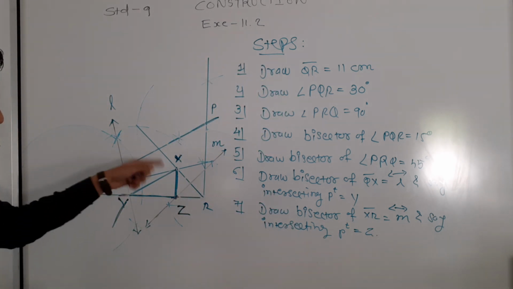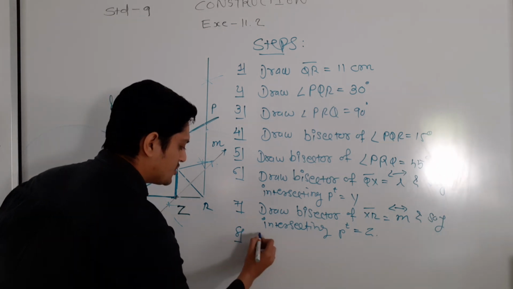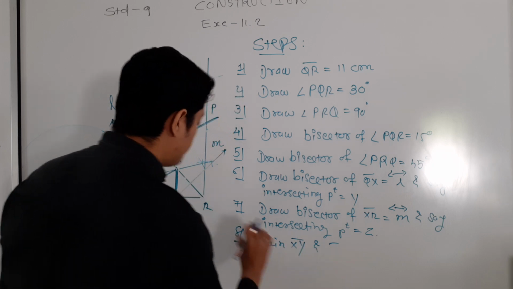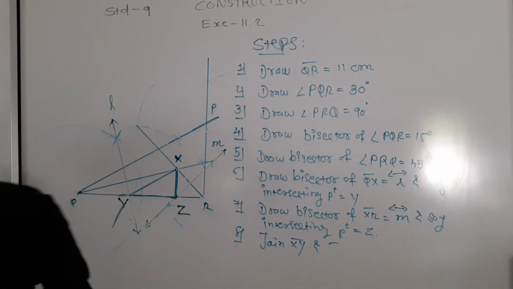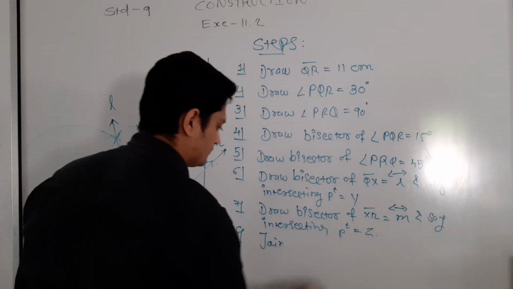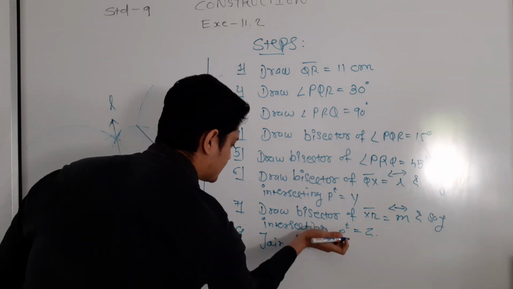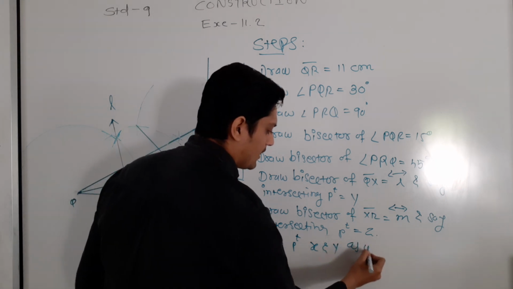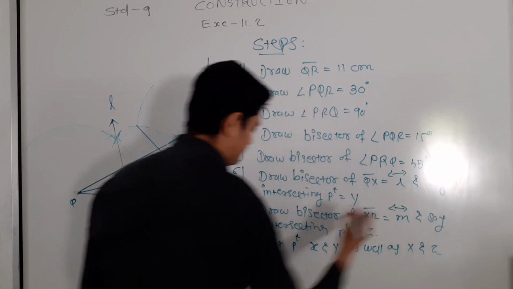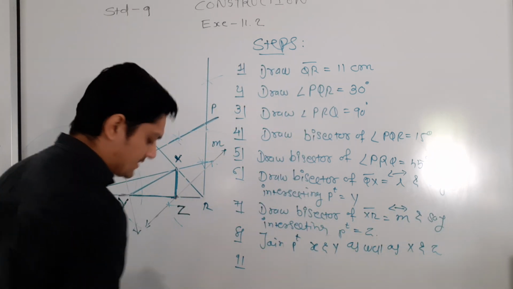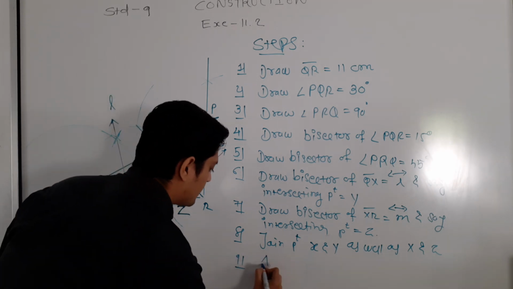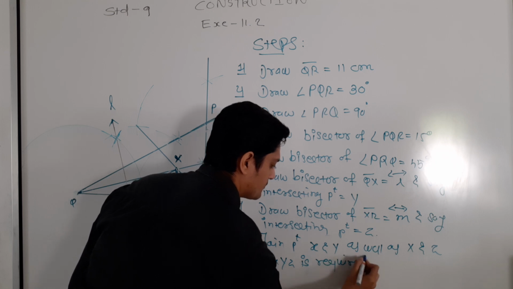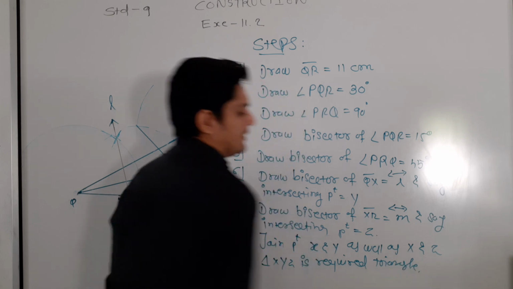Now join points XY and XZ, the last step. Okay, join point X and Y, as well as X and Z. And the last one, yes, you people can see, triangle XYZ is the required triangle.